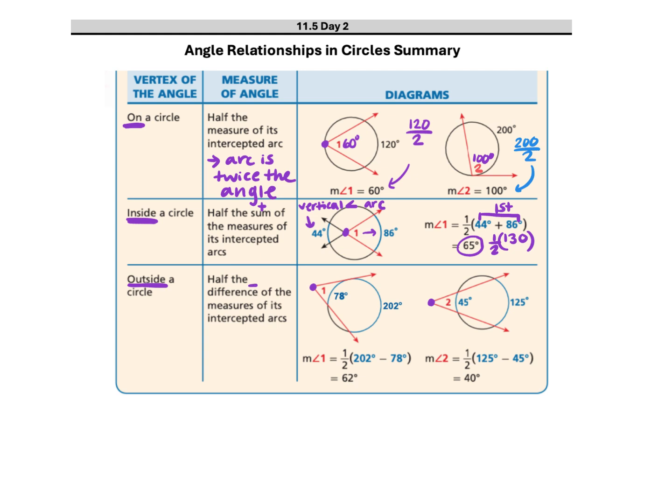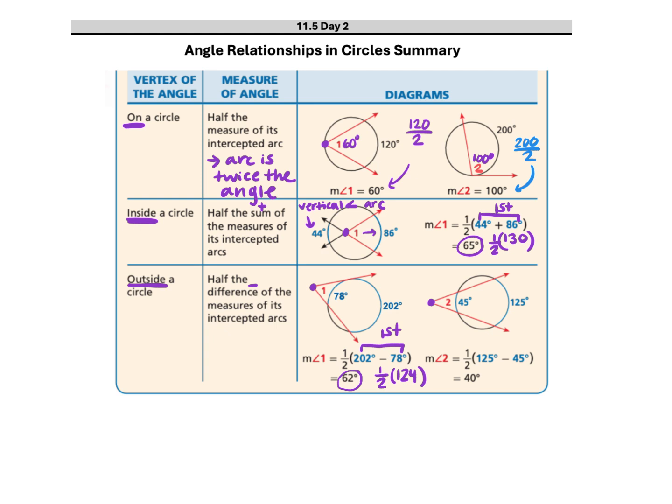Here, you can see in this first picture that the arcs are 202 and 78. The measure of angle 1 is half of the difference, 202 minus 78. As before, we would do this part first. 202 minus 78 is 124, and then take half of 124, or do 124 divided by 2, and you'll arrive at 62 degrees.